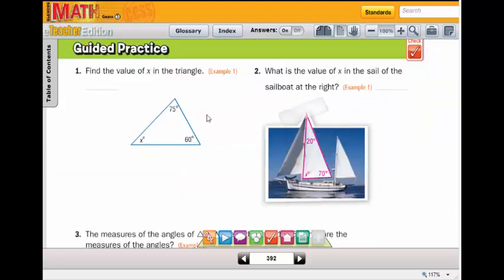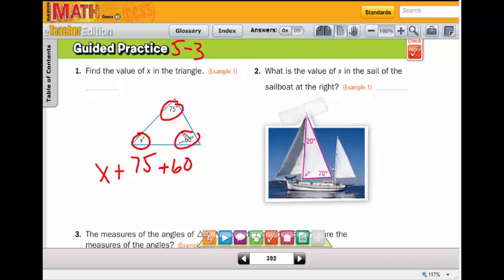Here are your solutions to 5-3 guided practice. Problem number 1 asks us to find the value of x in the triangle. So we have x plus 75, this was the x, plus 60, all equals 180.